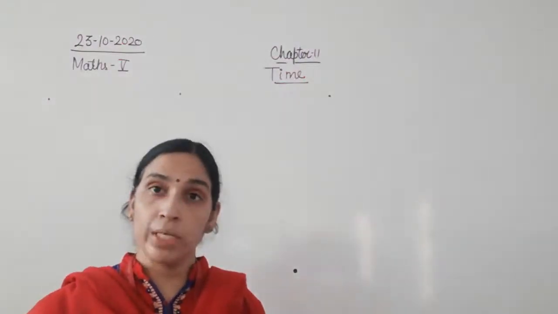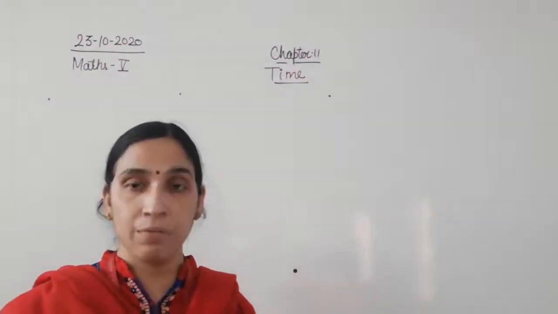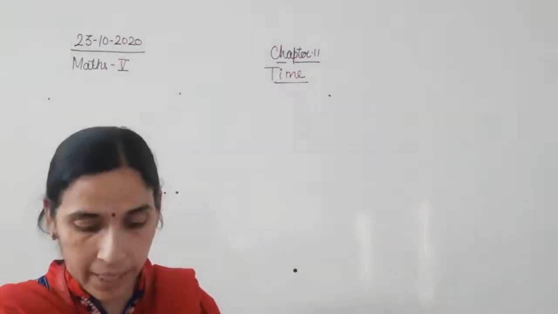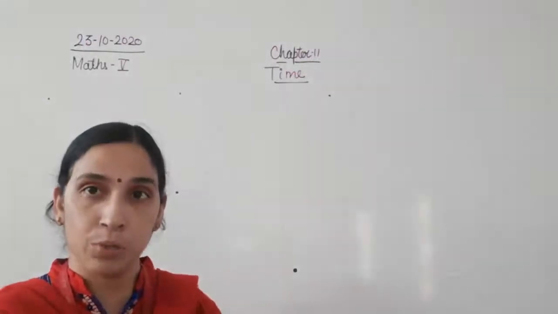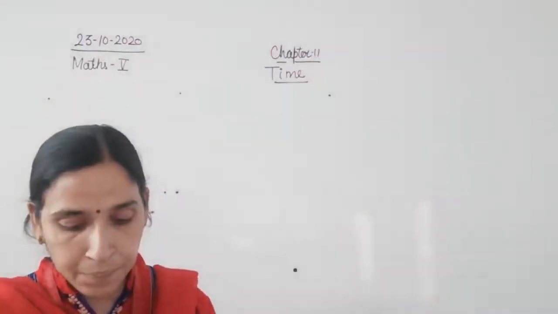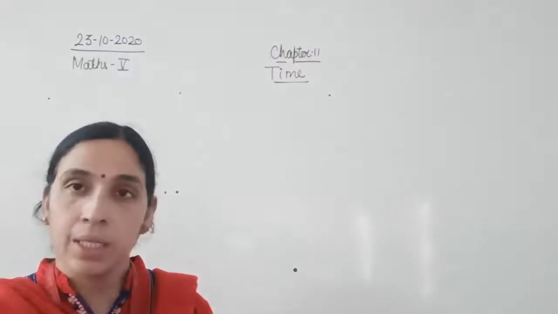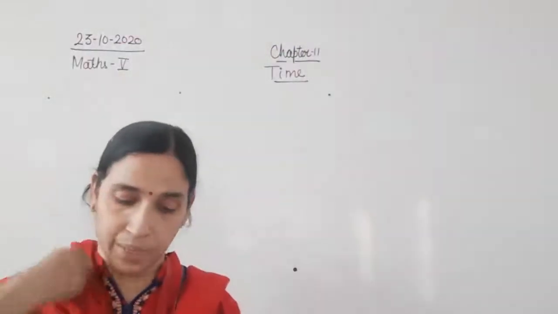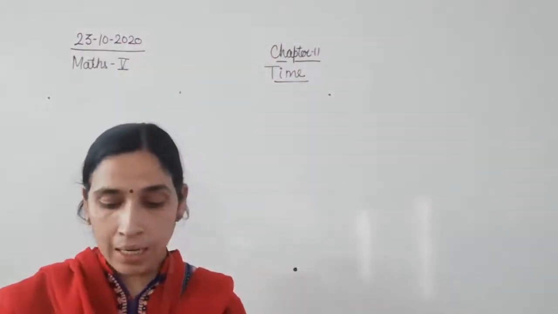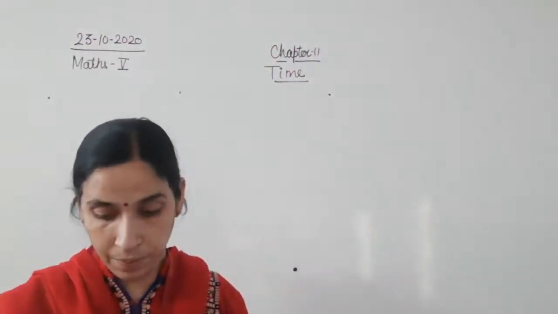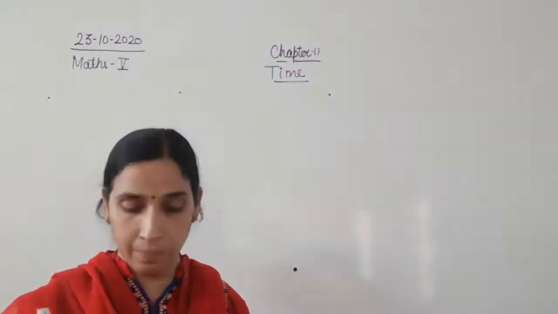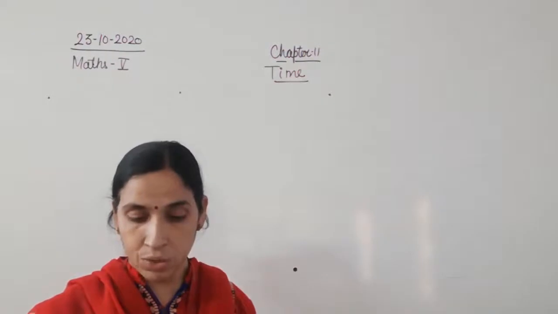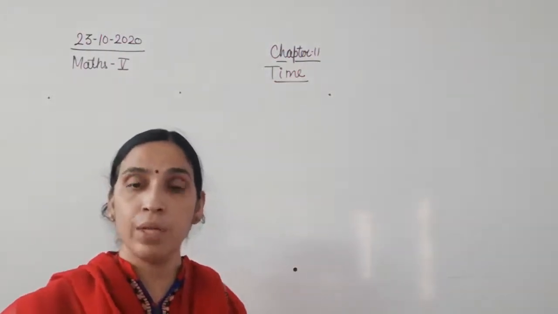Now one more example we will take. As I told you, first we will finish the examples. Now example 2 of finding time duration: Rakesh leaves Delhi by train at 8:45 PM and reaches his hometown at 6:30 AM next day. How long does he travel? Hear the question carefully.